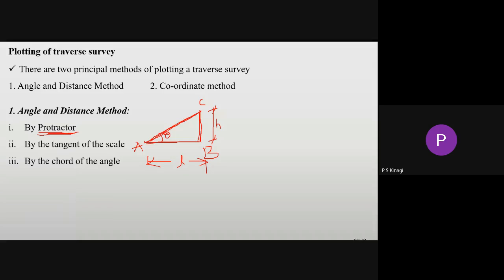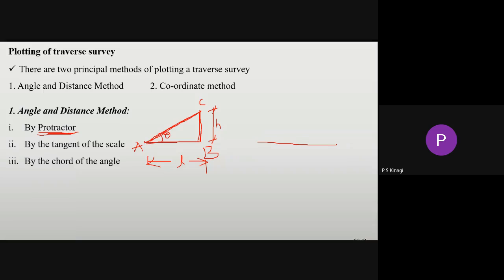Then the last one is the chord method. This is also one of the geometrical methods of laying off an angle. Let it be required to draw the line AD.